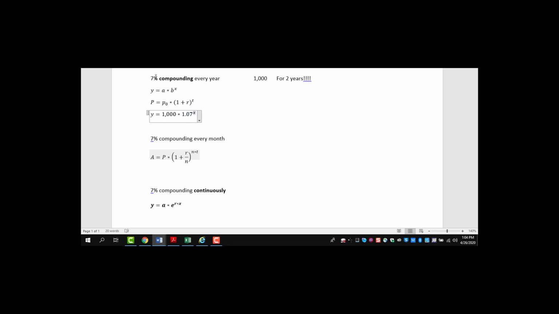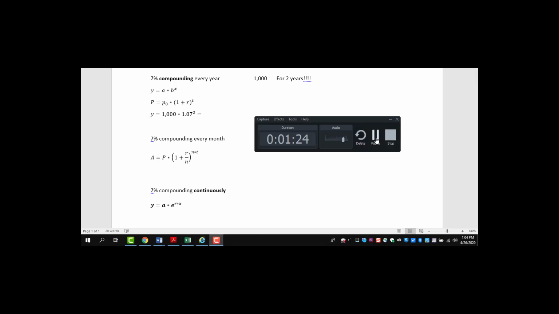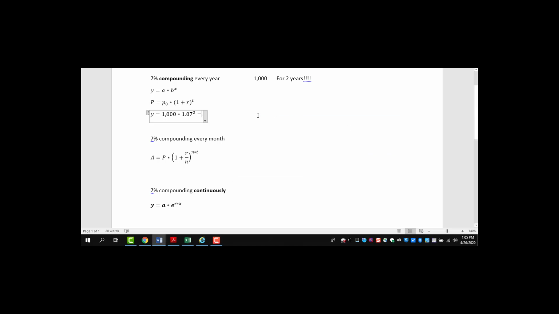And this is going to be for 2 years. Put that in your calculator, and how much money do you get? How much money is that worth after 2 years? And I'm getting $1,144.90. Okay. So that's our basic formula we've been using.